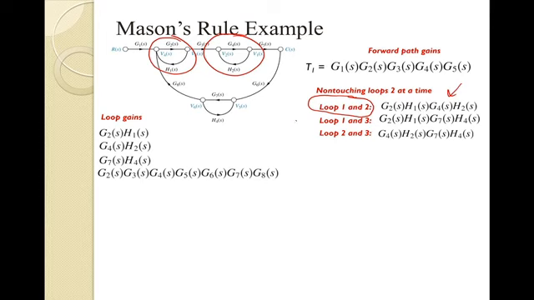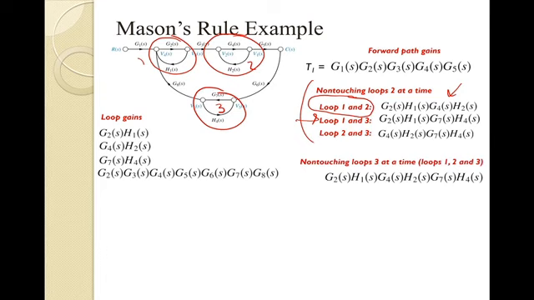The next combination would be loop 1 and 3. So here's loop 1, this is loop 2, and this here is loop 3. Okay? So those are my two non-touching loops. So I'm going to go 1 and 2, 1 and 3, and then 2 and 3. All of those products is what you'll see here. Okay? And then finally, those are my non-touching loops 2 at a time.